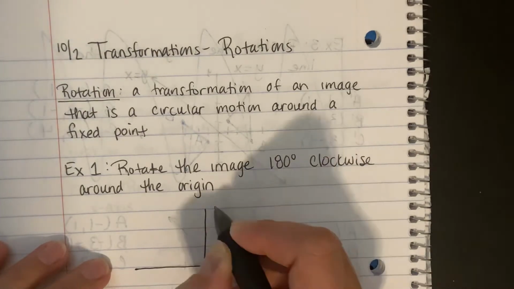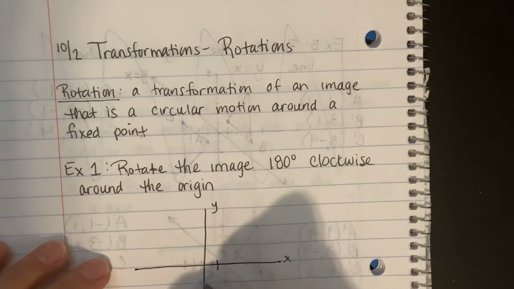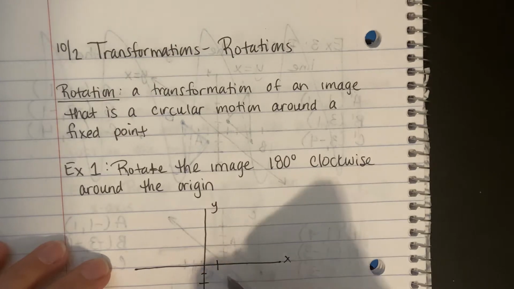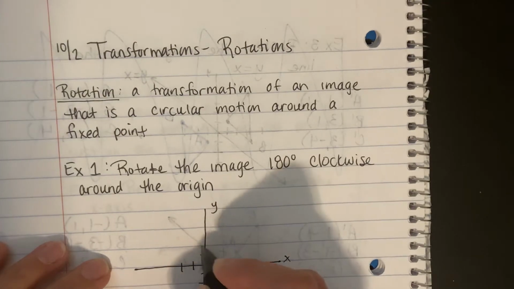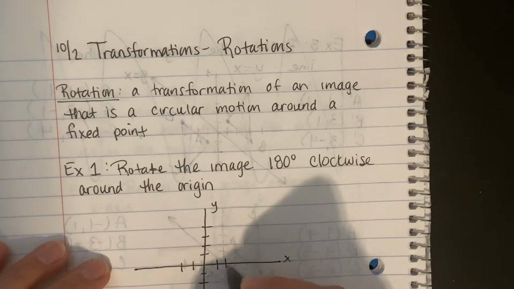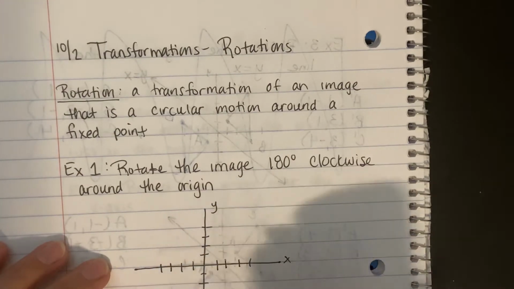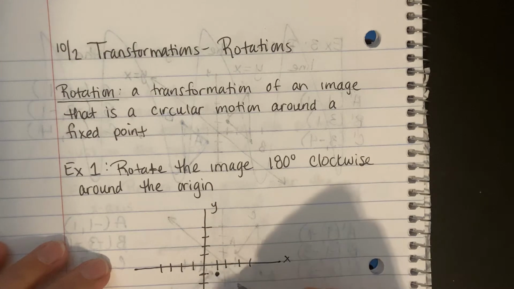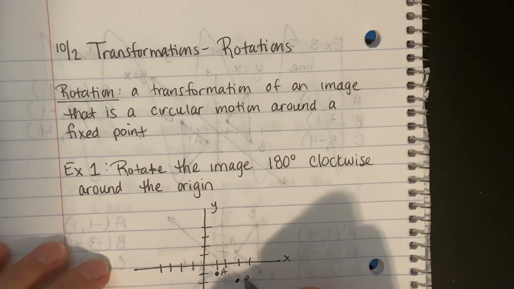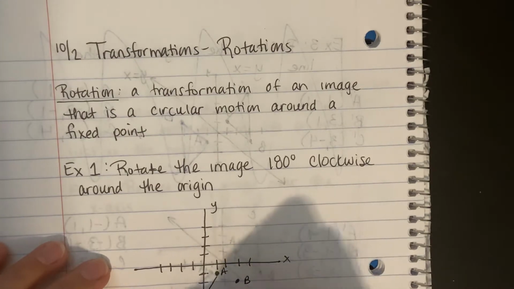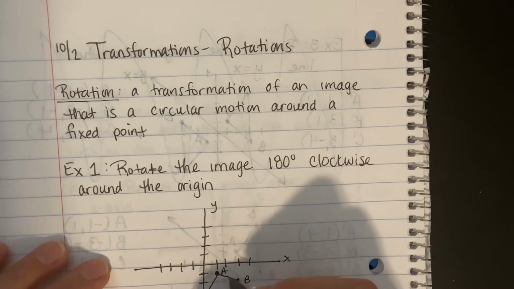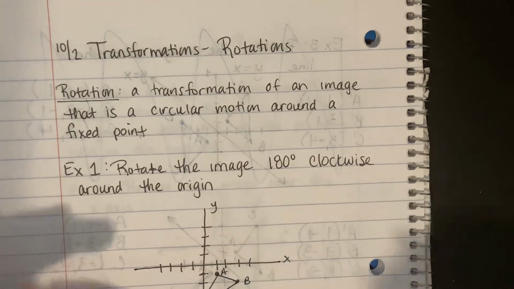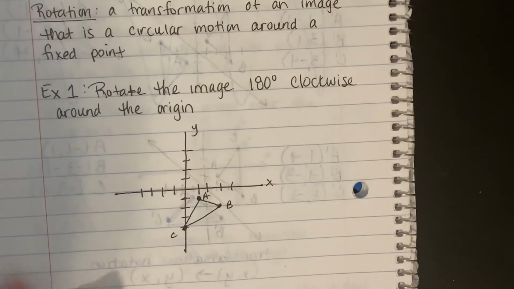So here's my x-axis, my y-axis. You know how I like to number my graphs. All right, so I am going to draw A, B, and C. Triangle. You can't see that. I apologize.